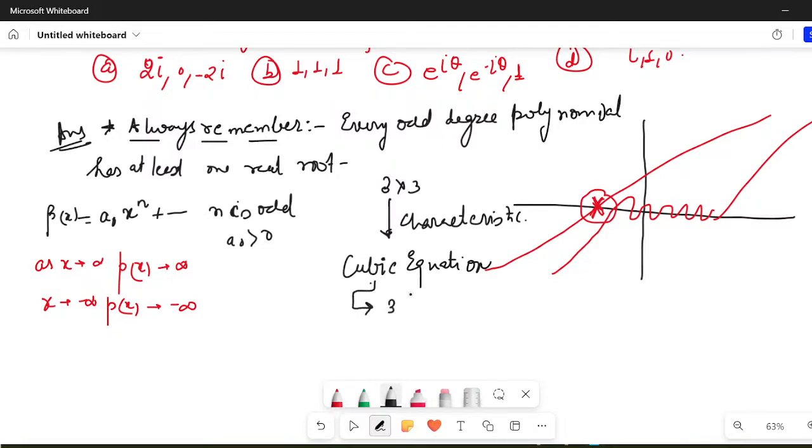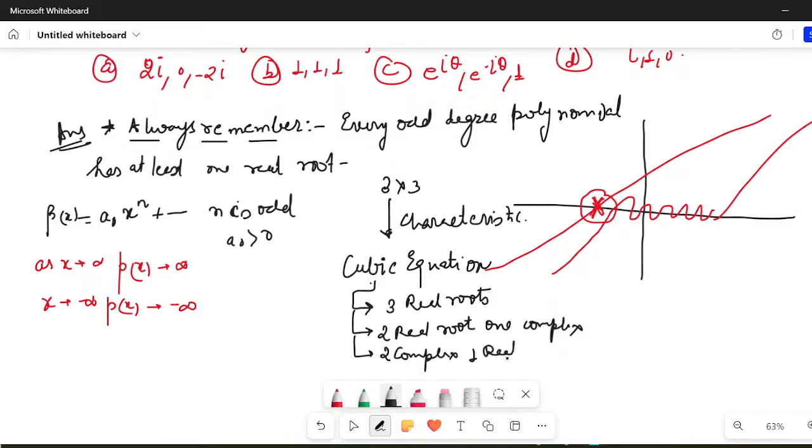There can be 3 real roots. Just writing the possibilities: there can be 2 real roots and 1 complex. There can be 2 complex roots and 1 real, and there can be 3 complex roots.